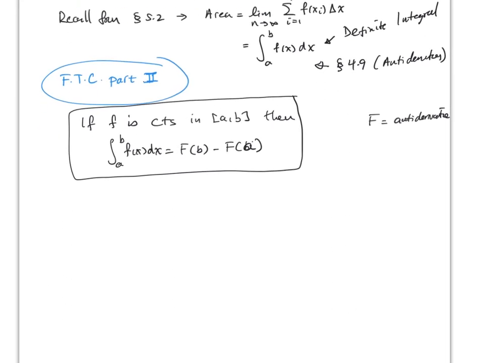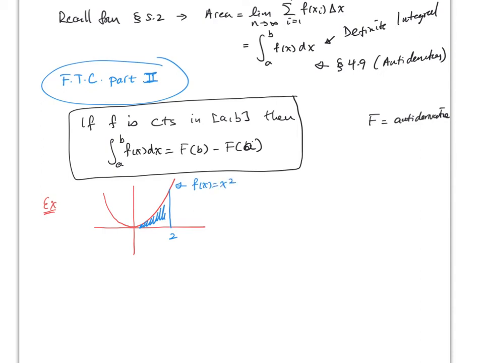Let's do the exact same example we did in section 5.2. In section 5.2, the question was to find the area between 0 and 2, which is this area where this function is x squared.